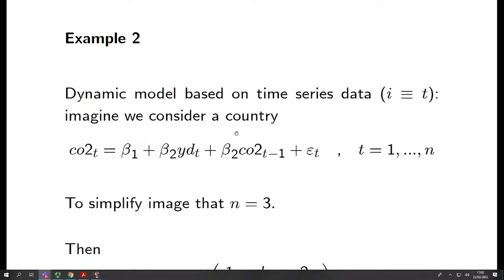If you have a model for consumption, agents have consumption habits. So what I consume today depends in some sense on my previous consumption and so on. In time series models, if I want to forecast next period CO2 emission, I will base my forecast on today's emission.